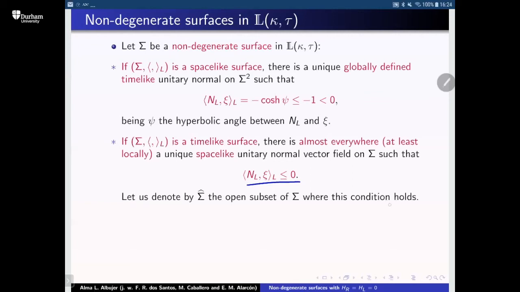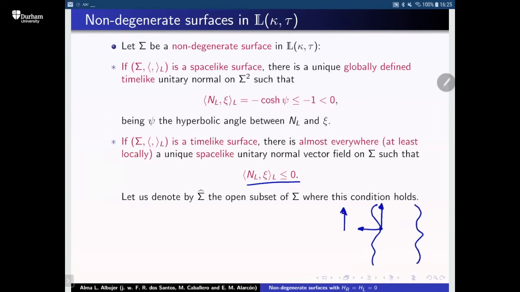Because imagine you have a kind of non-straight cylinder, and I take a point like that, for instance. In that point, if we assume that the Killing vector field is upwards directed, the Killing vector field is tangent, so the normal would be orthogonal to this Killing vector field.